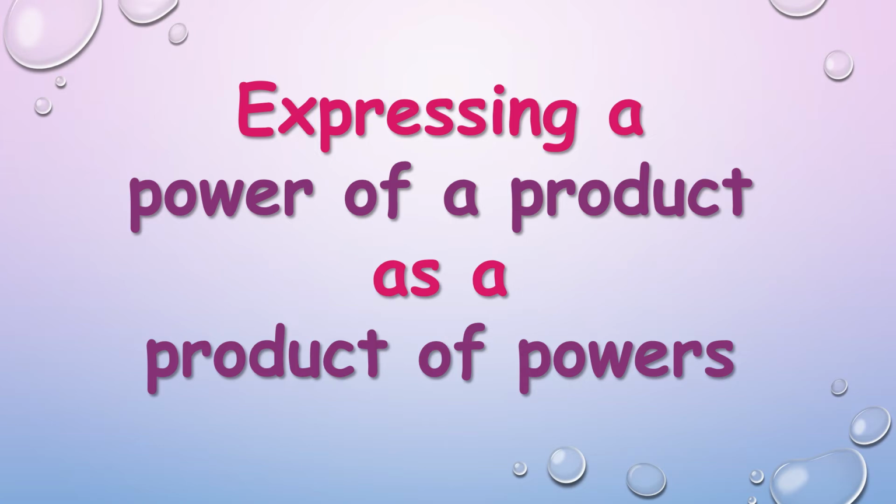Expressing a power of a product as a product of powers. Let's see what this is. You have to express a power of a product as a product of powers. First one.